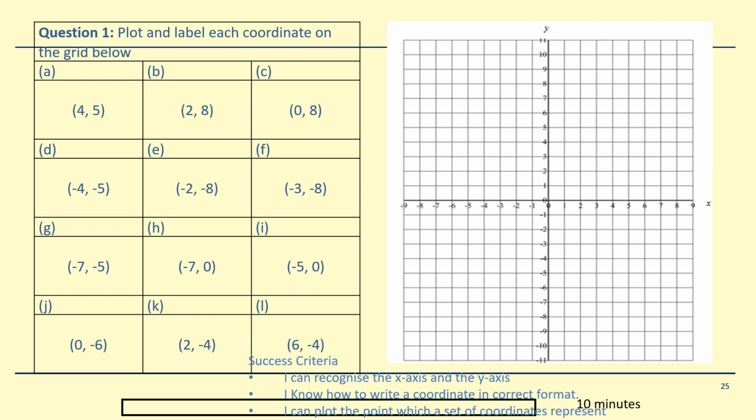Okay, so if you've got a piece of squared paper, draw yourself a four-section grid like that there. Remember, you will need 22 squares because 11 up and 11 down, and you will need 18, so 9 squares that way and 9 squares that way, and plot these points on it.